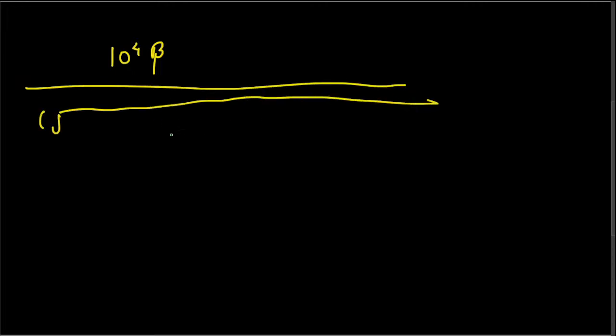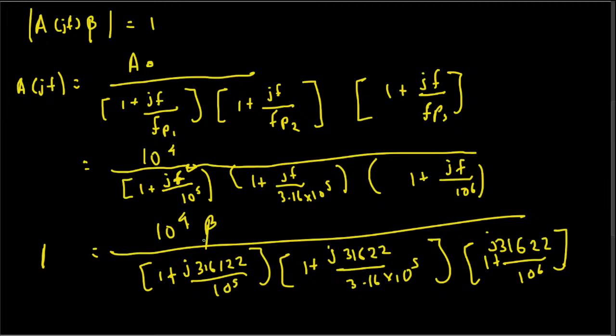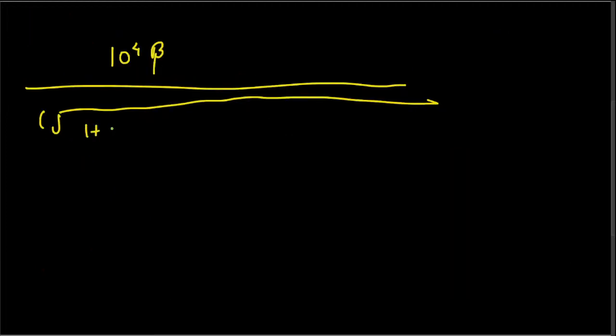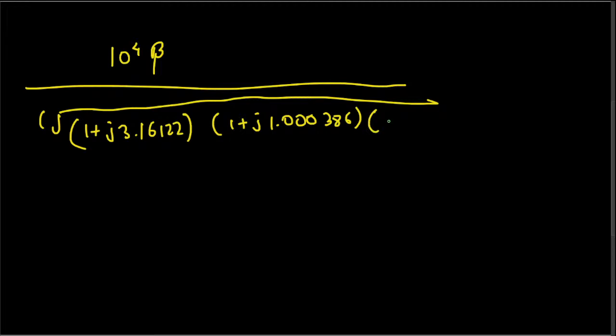If you do that, then before you square root, we can simplify and bring it to the simplest form. So here if you divide this 316122 by 10 to the power of 5, you will end up getting 1 plus j 3.16122 for the first term, and then the second term is 1 plus j 1.000386, and for the third term the square root is not necessary.